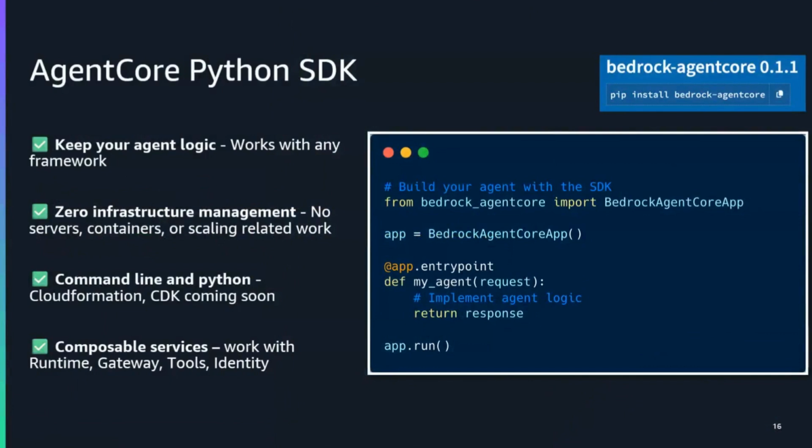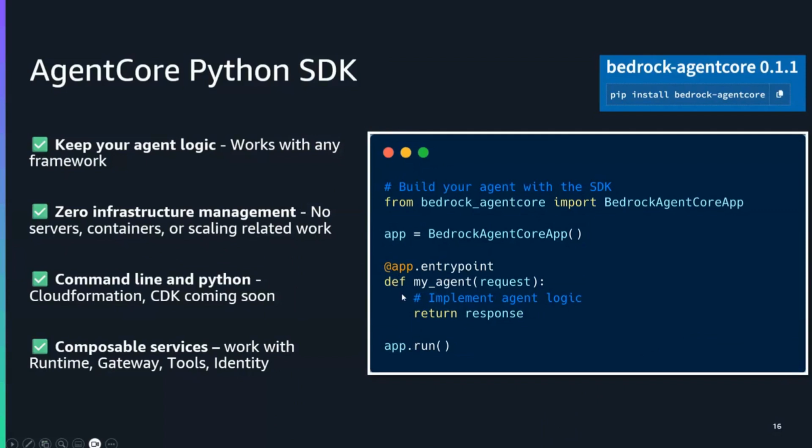So how do we get started, right? The easiest way is the AgentCore Python SDK. It's purpose built, simple to get started. You can do whatever you want with the app dot entry point, as long as you decorate your main function.